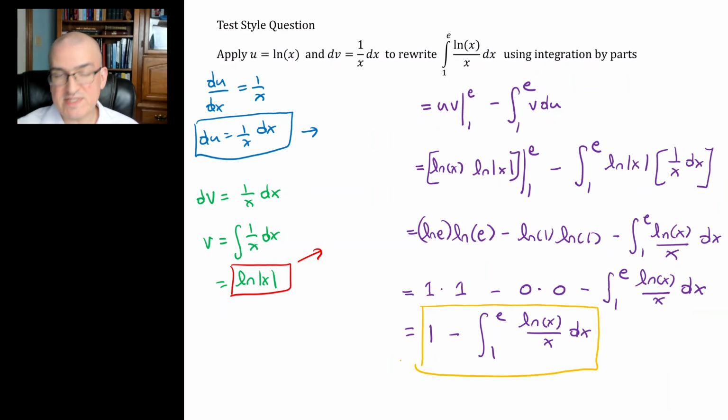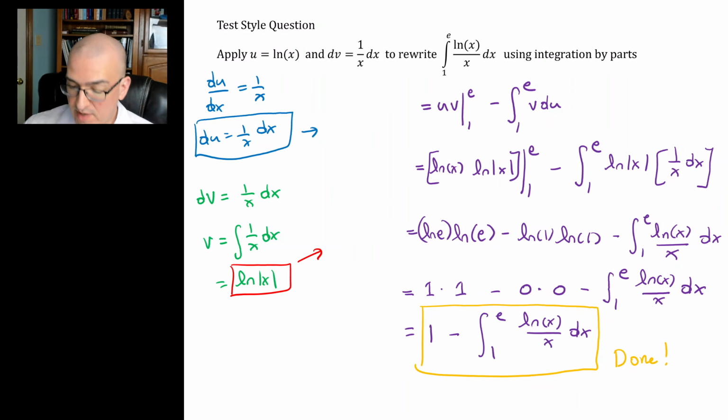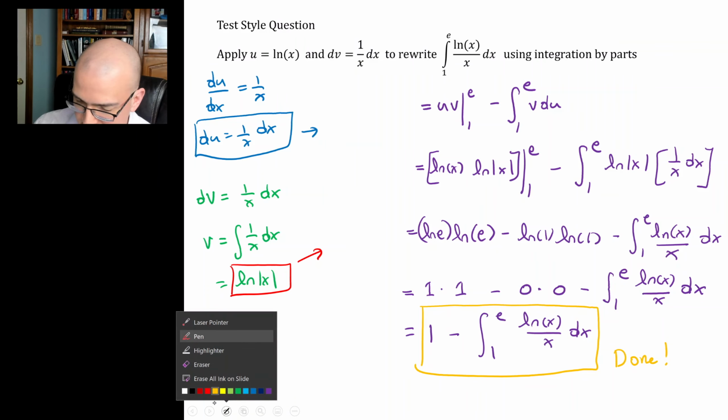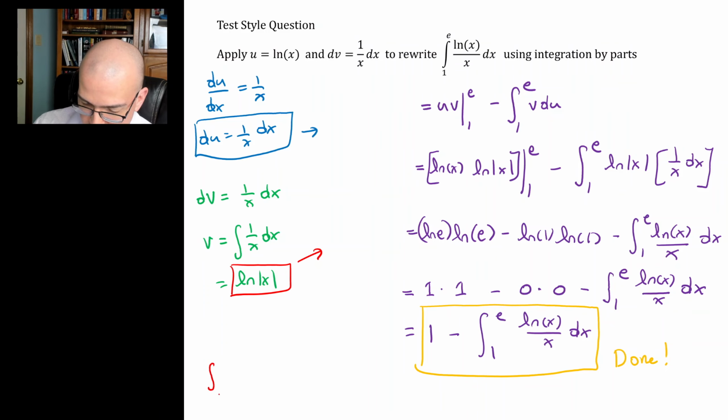Now think about what this is telling us. We're done with the question. We were done what we were asked to do, but look at what we have. We have something marvelous. If you're trying to solve this problem, we've basically done it. We have the integral from 1 to e of ln of x over x dx is equal to 1 minus itself.